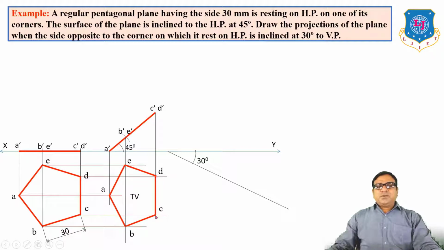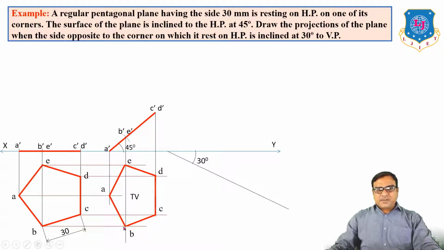Now the opposite side of the corner which is in HP, meaning the A corner is in HP, which one is the opposite edge? CD. Now here we want CD inclined 30 degrees to VP. At present CD is perpendicular to VP, but when we incline it 30 degrees, what do we have to do?